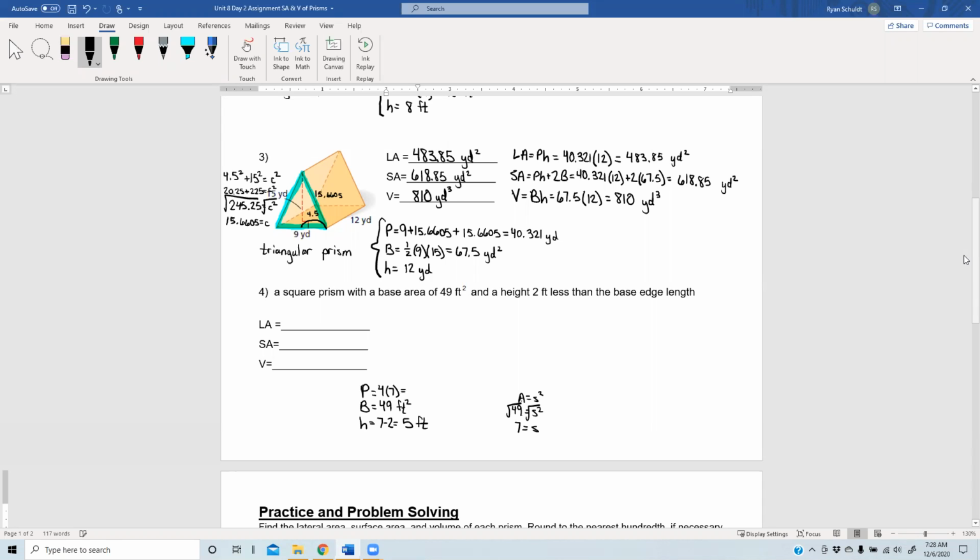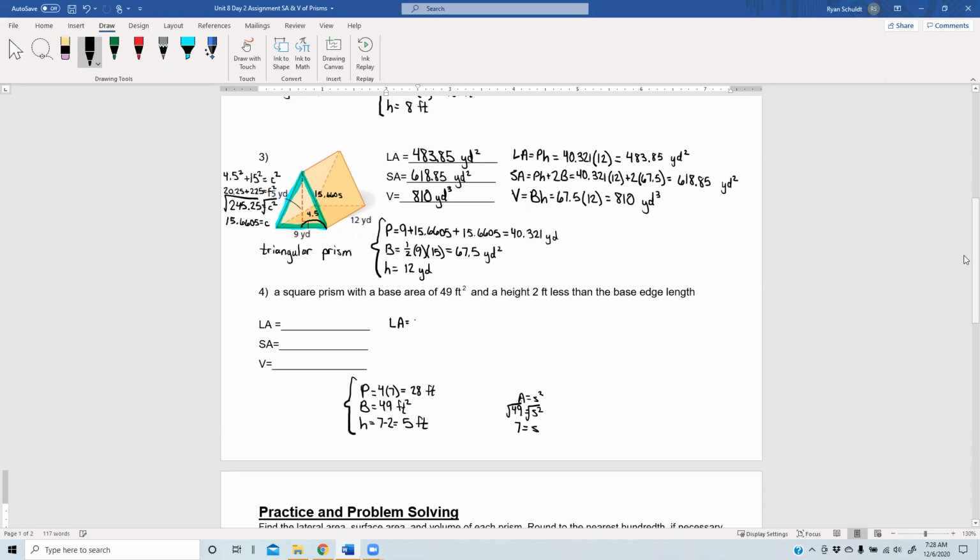They're all equal to 7. Or you could do like I've done in the past, 7 plus 7 plus 7 plus 7. Either way, you should get 28 feet. So here are the 3 pieces we need. We can just plug things in now.